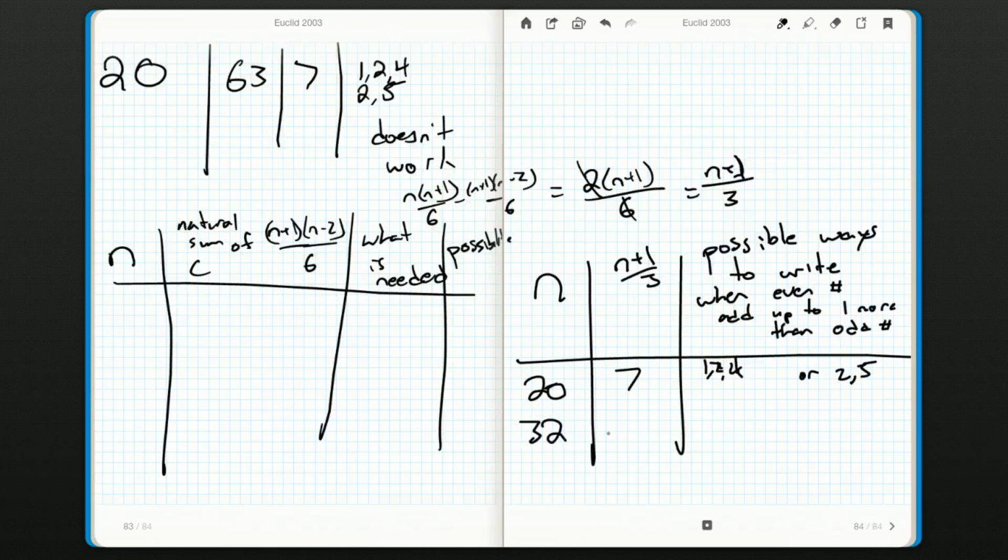How about 32? What else do we need? 32 plus 1 is 33, divided by 3. We would be missing out on 11. So we'd put all the multiples of 3 into C, and we'd be coming up 11 short of that sum that we need. So are there ways to write 11 as a sum of some even numbers and some odd numbers, so that the odd numbers add up to 1 less than the even numbers?